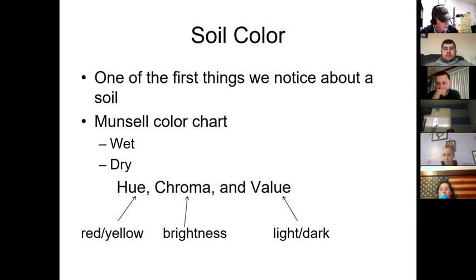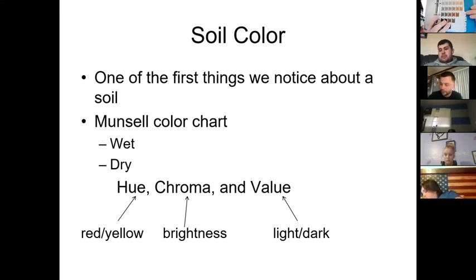And then as we get to the yellows, here's the furthest yellow page. So that hue number is a combination of red or yellow. Most of the soils that we see are in this 7.5 YR realm, or you might get a 10 YR. These are the most common soil colors that we see.